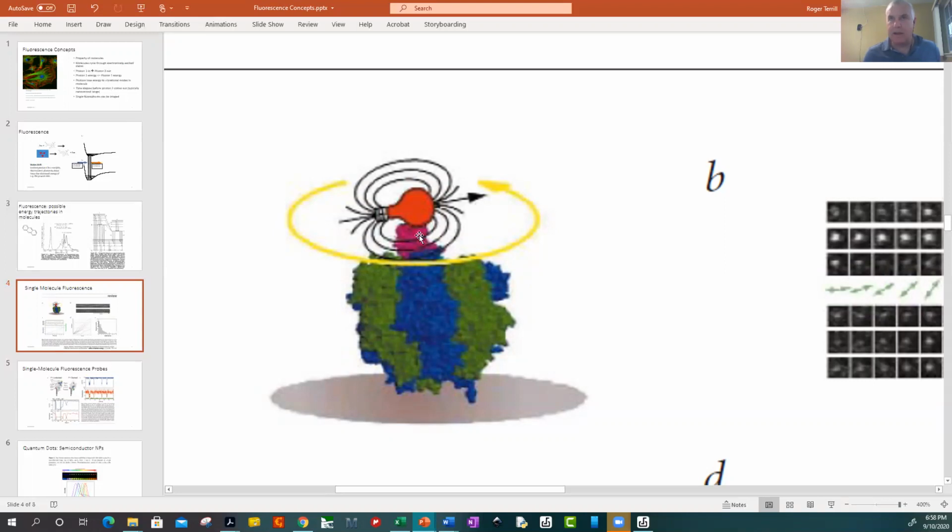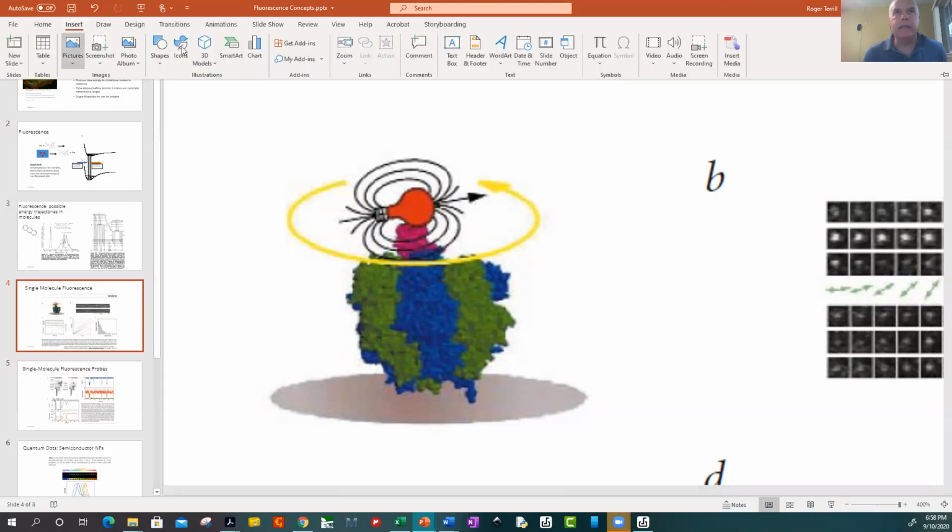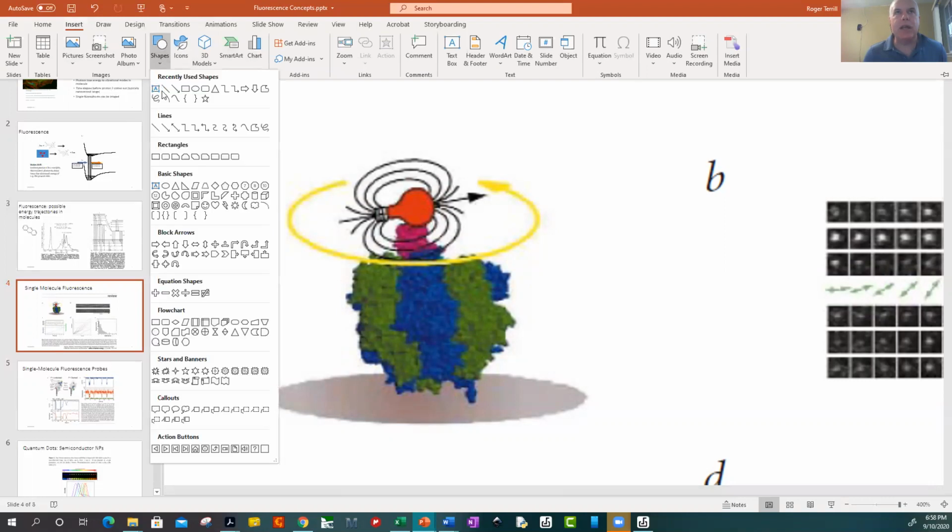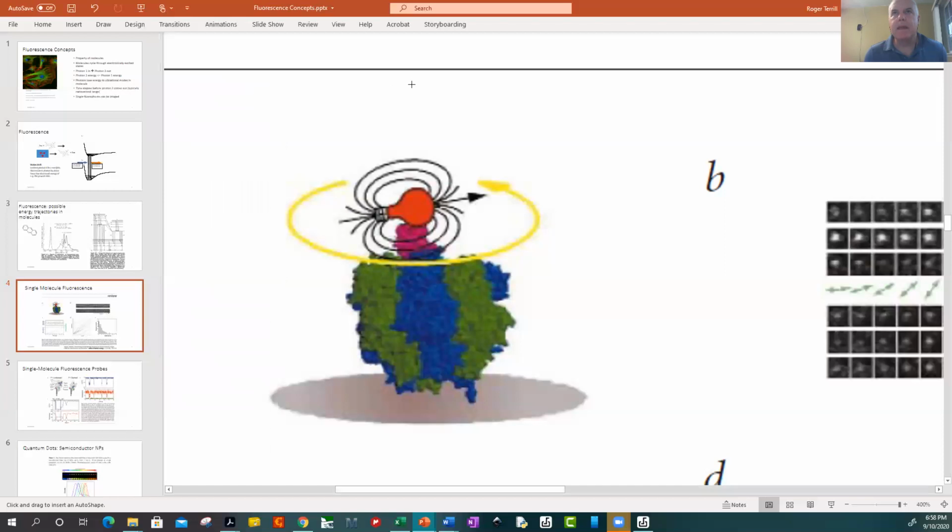Good. And light can then be incident on this protein-dye assembly, such that the light comes down like this, right?